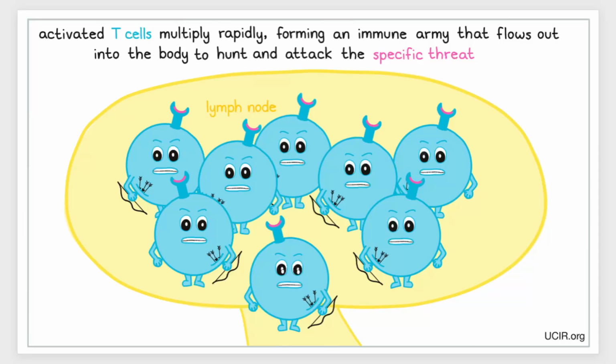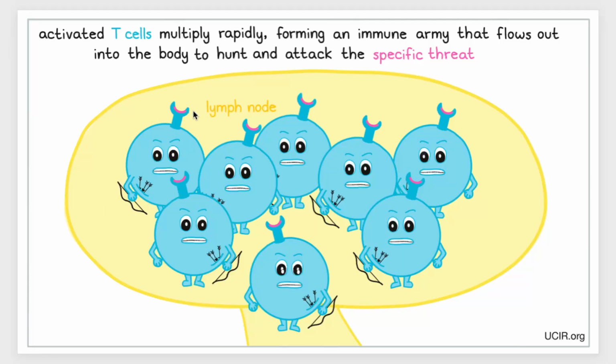So these T cells in a lymph node would become activated. They would multiply. Because they're specifically going to go out and kill cells, we consider them like the army. They're flowing out of the lymph, looking to hunt and destroy some specific threat.